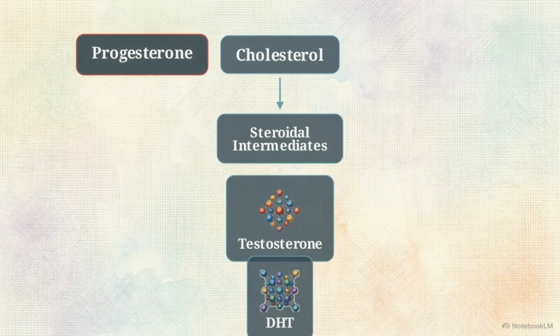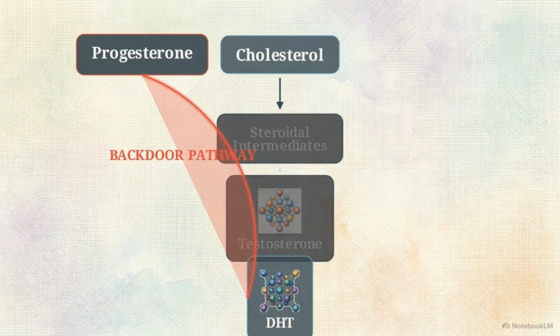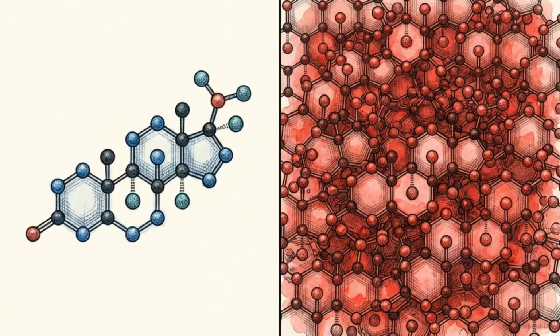Certain tissues can activate a secondary route, known as the backdoor pathway. It bypasses the usual steroidal intermediates entirely, generating DHT directly from placental progesterone. 5-alpha reductase enzyme acts as the ultimate cellular amplifier. It takes a systemic whisper of testosterone and turns it into a localized roar of DHT.